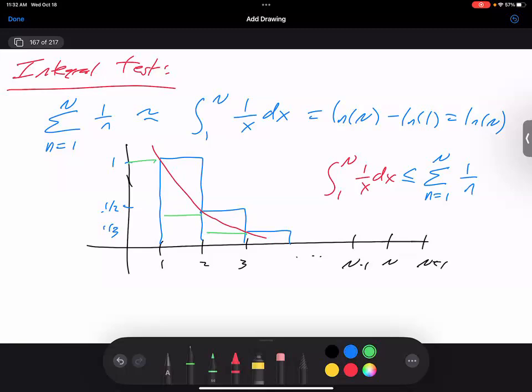And then that should be greater than or equal to the green sum where I start at the second term, the sum n goes from 2 to N of 1 over n. Something like that. I may be off by just a little bit, but this is what's going on.